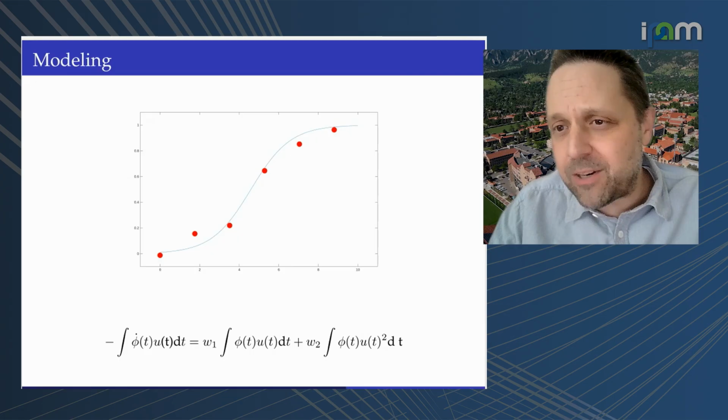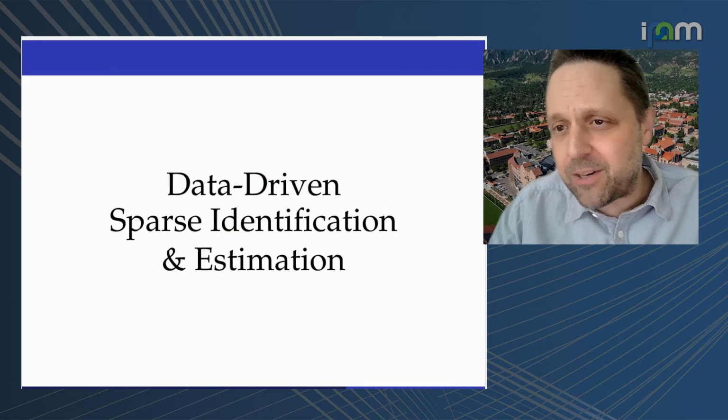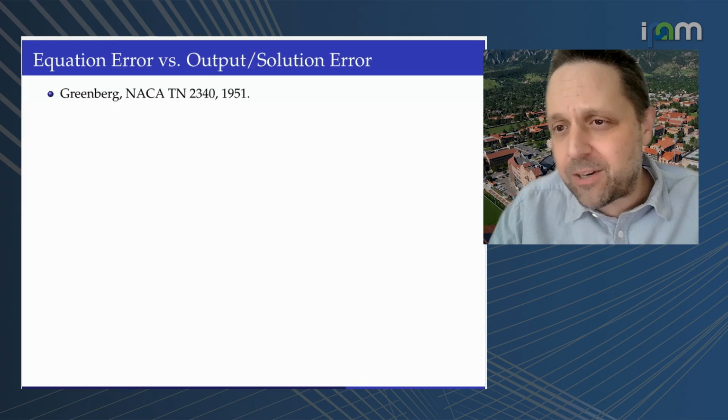But there were certain advances in numerical functional analysis, statistics, and numerical linear algebra that were not available in the 1950s and 60s. So I'm going to advocate that we return to this idea of substituting the data in, but substitute the data into the weak form. Then we will be able to do parameter estimation and equation learning on multiple scales, but that's simply one of the applications. So without further ado, let me talk about where this all comes together.